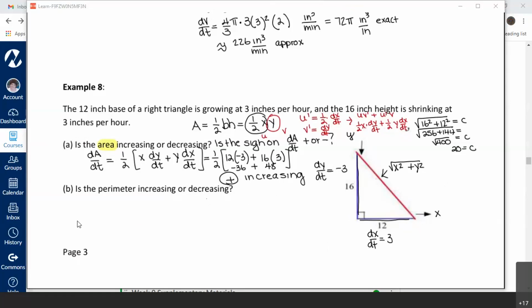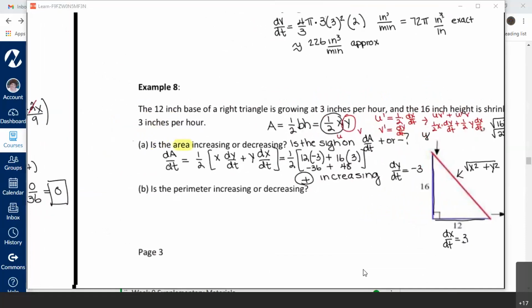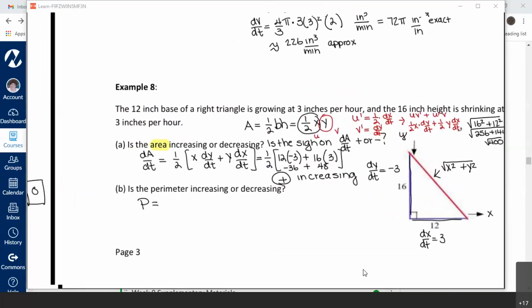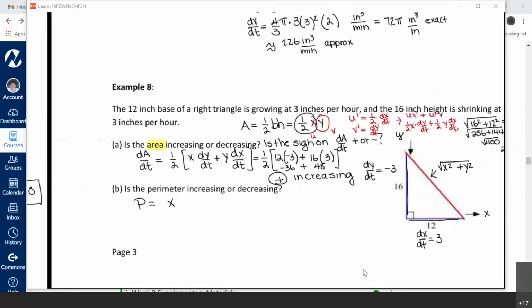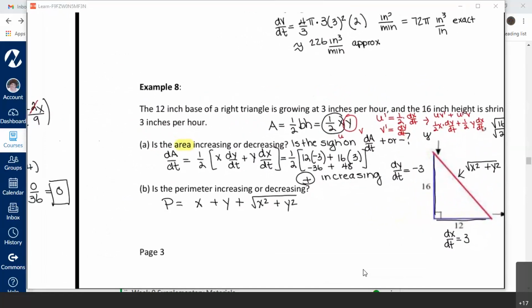Now, the last part asks for perimeter. I'm not going to work it out because we're running out of time. But perimeter is just the sum of all the sides of the triangle, right? So that's x plus y plus the hypotenuse. If you want to find out whether that's increasing or decreasing, you're going to need to find dP/dt and see if the sign is positive or negative.